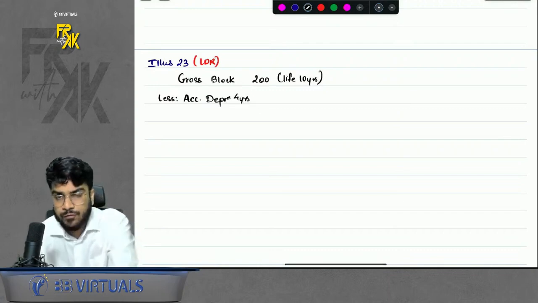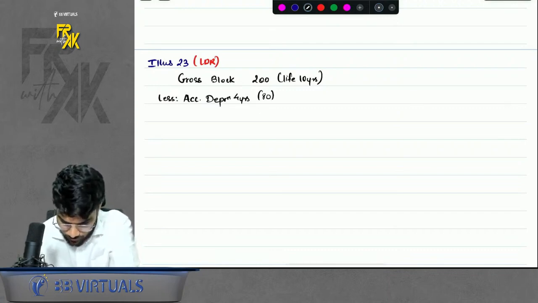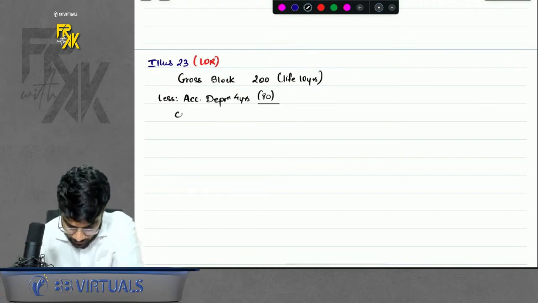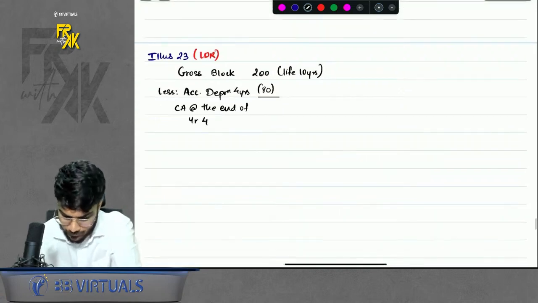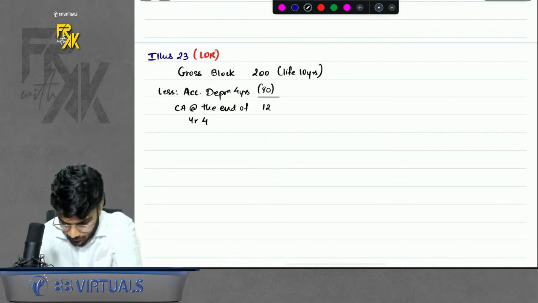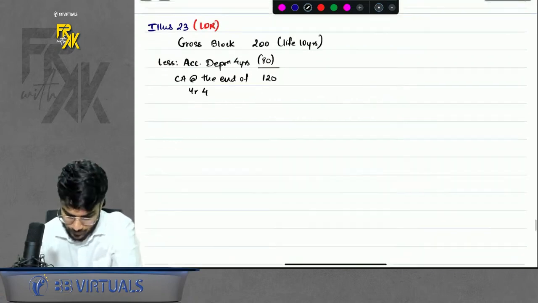Because we used it for 4 years, it will come for 4 years, that is 80. Then you will get carrying amount at the end of year 4, that is 120.